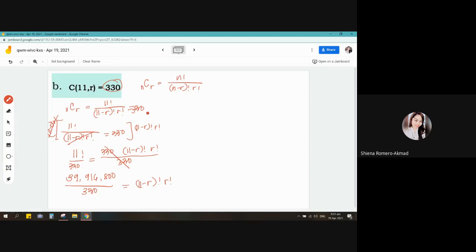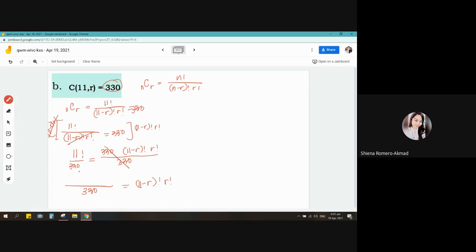Okay? So, kapag kinuha niyo yan, pwede naman tayo ditong diretso na tayo din sa factorial mismo.